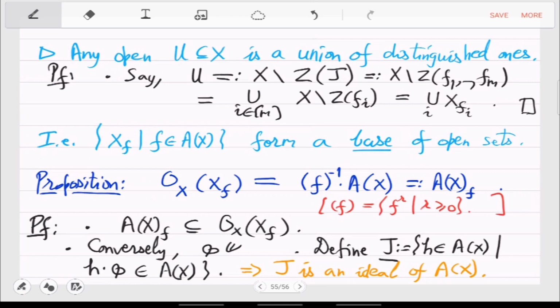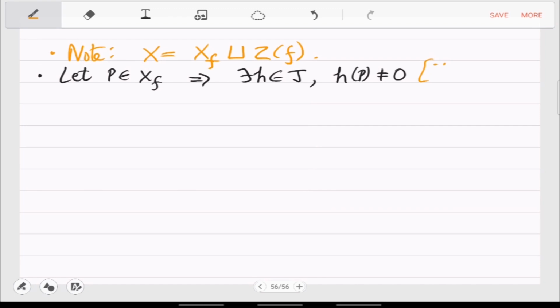So phi over X_f already has, at the point P, a representation like G by H, and that particular H happens to be in J, and it clearly would not vanish at P. This follows since phi is equal to G over H on a neighborhood containing P. So for any point P in X_f, there is a polynomial in the ideal J which is not annihilated by that point.